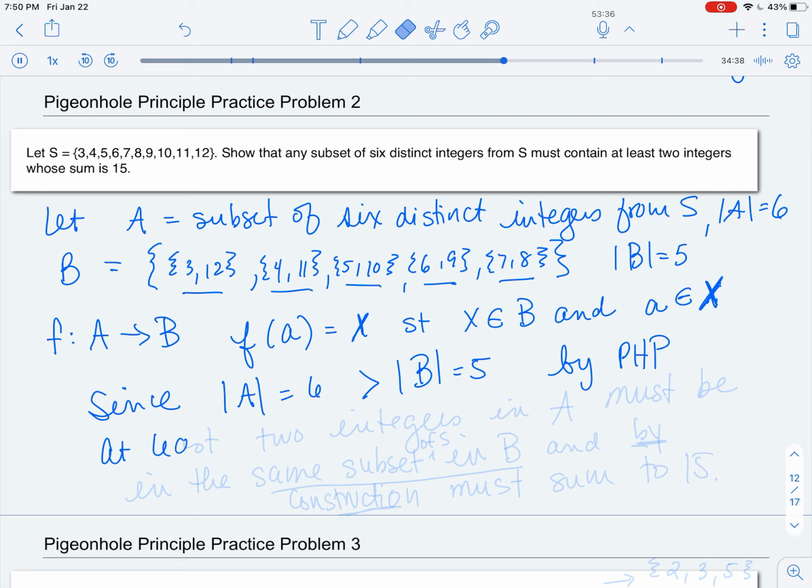at least 2 integers in A must be in the same subset, or same element.